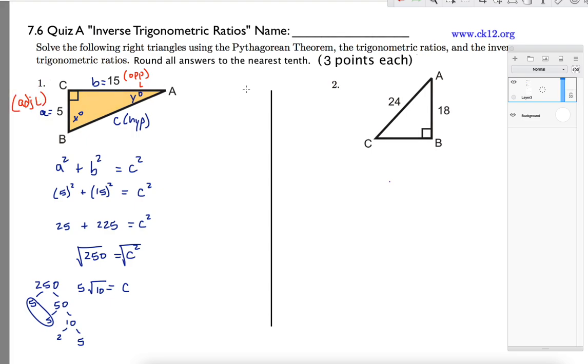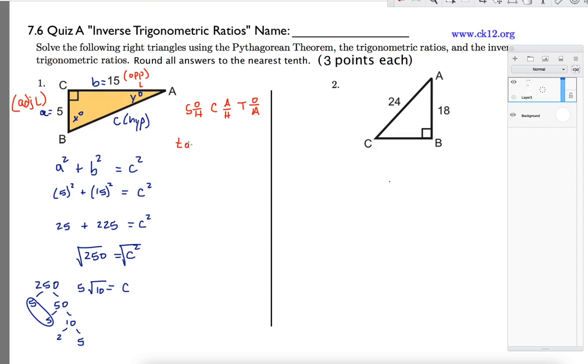We know SOHCAHTOA is the way we remember the equations for our trig functions. If we're using the opposite leg and the adjacent leg, we need to use tangent.